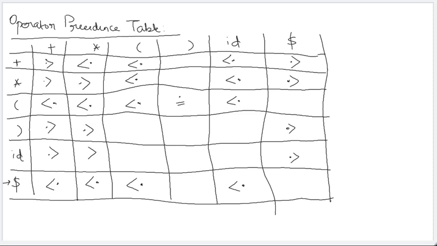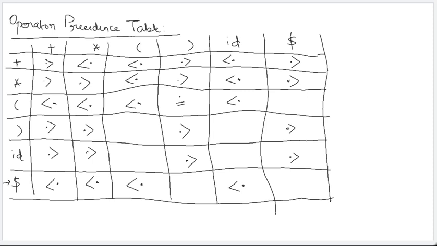Closing bracket and ID have greater precedence. Then star, plus, they have greater precedence over the bracket. Plus, star, closing bracket and then ID, they have greater precedence over closing brackets.